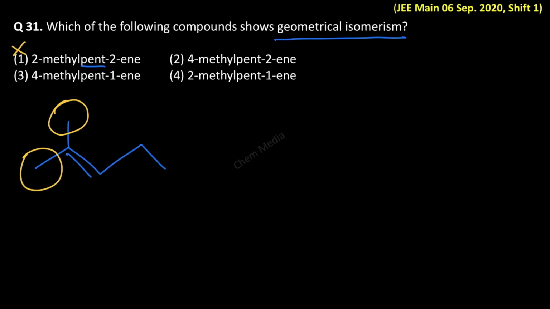How about option 2? In option 2 we have 4-methylpent-2-ene. That is 1, 2, 3, 4, 5. At the 2 position we have a double bond. At the 4 position we have a methyl group. This will show geometrical isomerism because we have a hydrogen here. We have a hydrogen here.